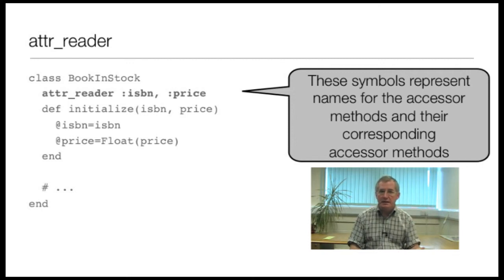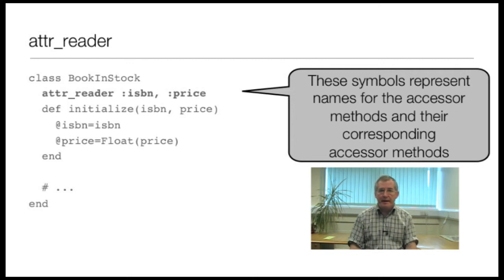In this case, we've now written out 2 lines. ISBN is only readable, whereas price as an instance variable, we can get the value of the price and set the value of price.